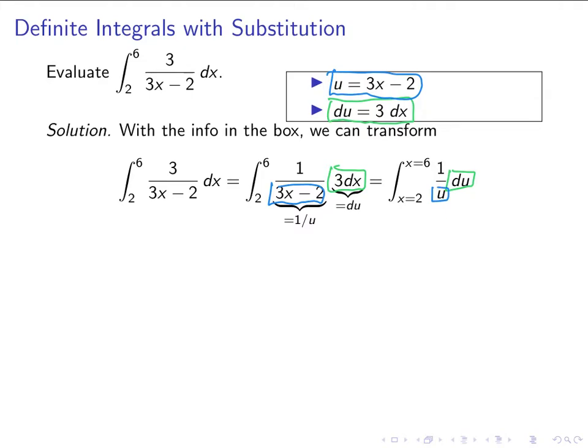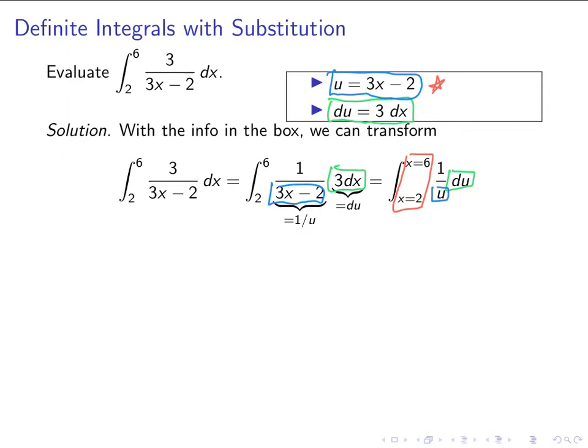So if we didn't label the 2 and the 6 on the definite integral, we might believe at this point that everything is done, that everything is in terms of u, but it really isn't because of these guys really referring to x-coordinates. So the way we can deal with that is by changing them from references in terms of x into references in terms of u. And that's a very easy thing to do because we know exactly how u and x are related.